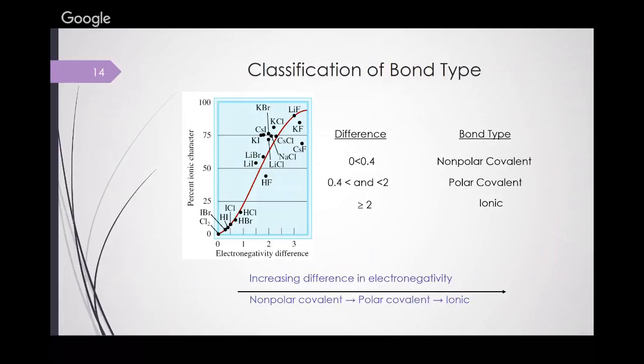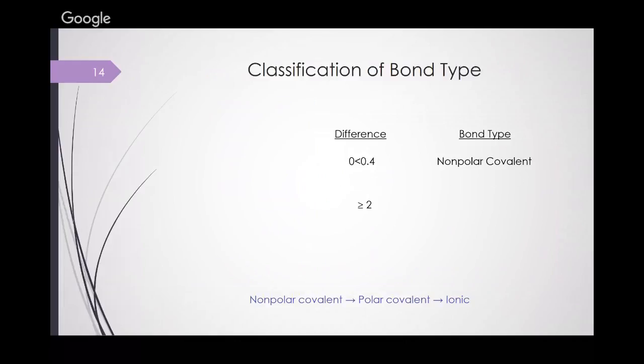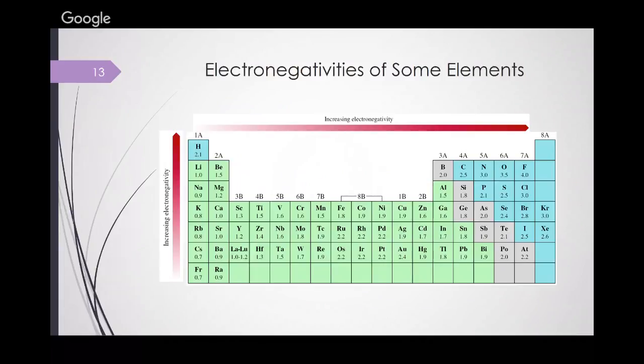And the way to figure this out is simply to look at each of your atoms and take the difference between each of the respective atoms' electronegativities. So for example, if I go back a slide, if I look at the bond between lithium and fluorine, I see fluorine is 4, lithium is 1, so 4 minus 1 is 3.